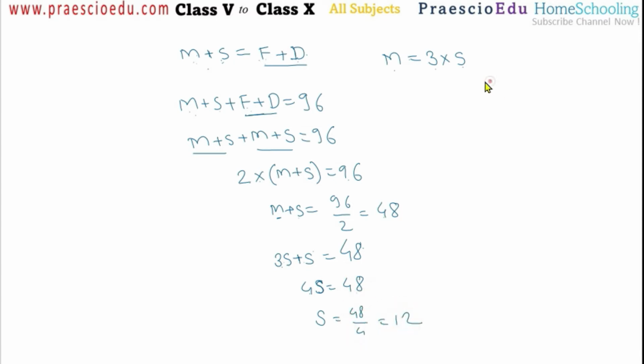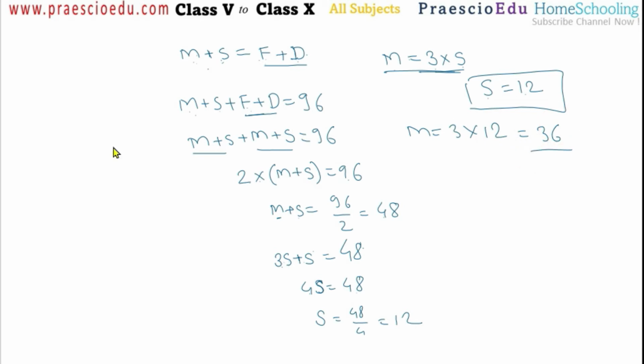So the son's age is 12 years. Now we have to find the mother's age, so we put S equal to 12 in this equation. M is equal to 3 multiplied by 12, which is 36 years. 36 is given in option number 2.